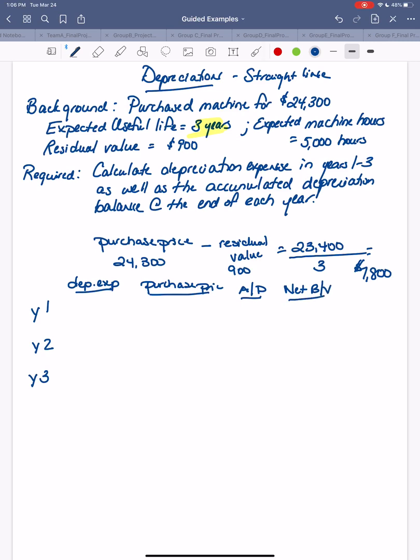Okay, so I know the depreciation expense is $7,800 each year. I know my purchase price was $24,300, and that doesn't change year over year.